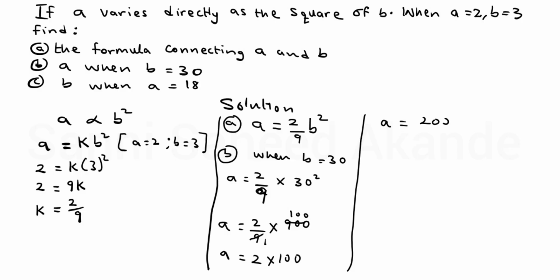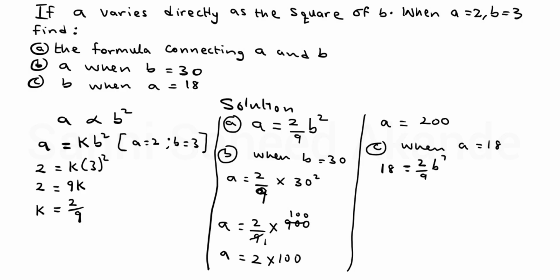Then C, we have to find the value of B when A is equal to 18. So when A is equal to 18, we are going to use this formula, that's what we are still going to make use of. So our A is 18, equal to 2 over 9 B squared.